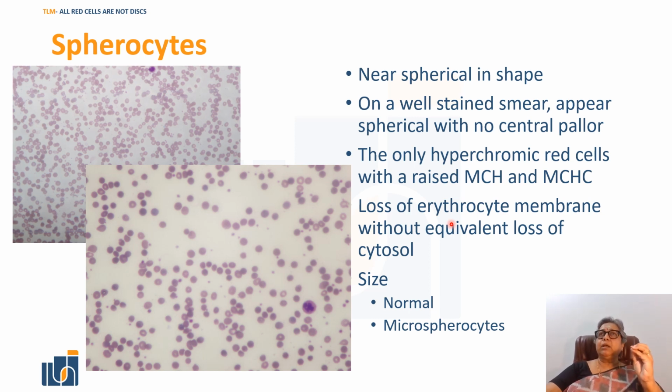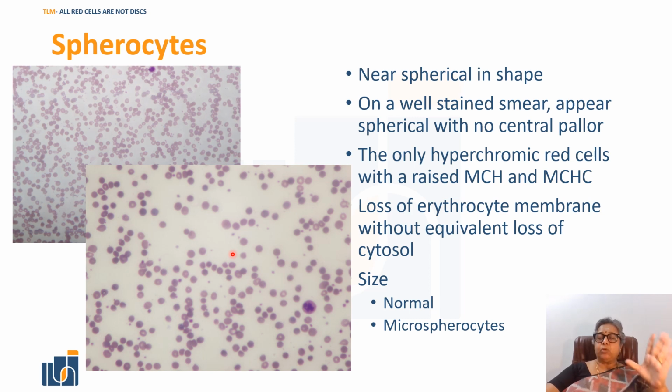Spherocytes are another type of poikilocyte which we encounter very often in the laboratory when we are reviewing peripheral smears. These are cells which are nearly spherical, going by the name spherocyte. Now you can say all RBCs are also spherical.